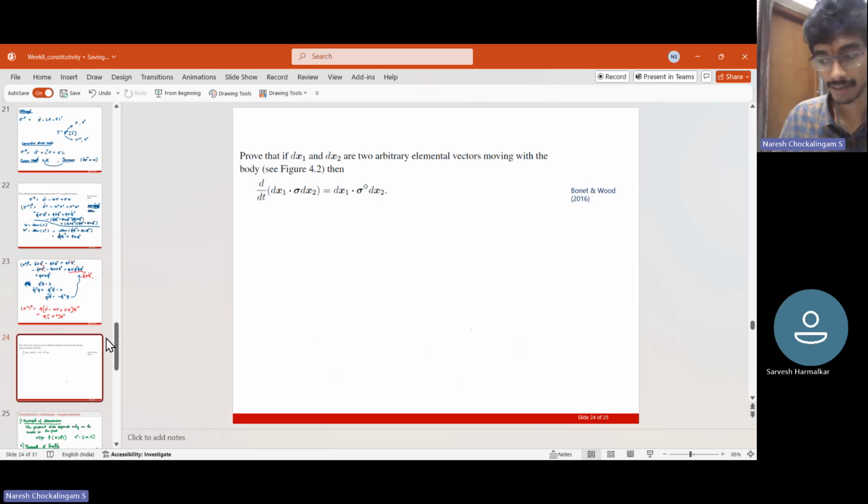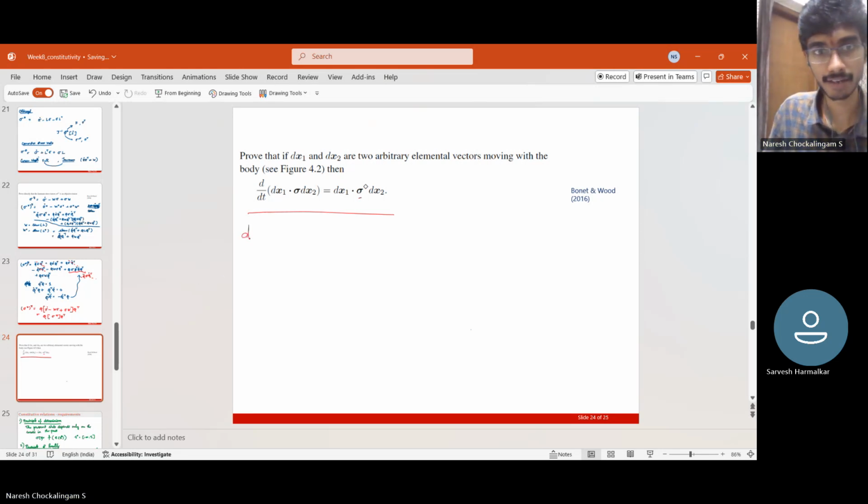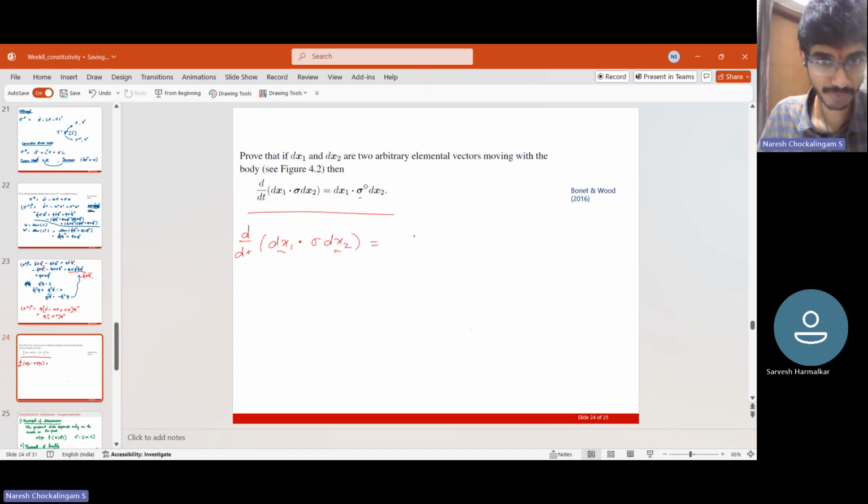Then we have another problem. Prove that dx1 and dx2 are arbitrary elemental vectors moving with the body. Then prove this relationship. In this relationship, we have the convective stress rate coming into the picture. We can do that. So d by dt of dx1 dot sigma dx2.